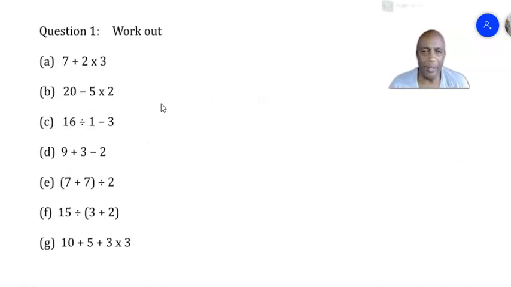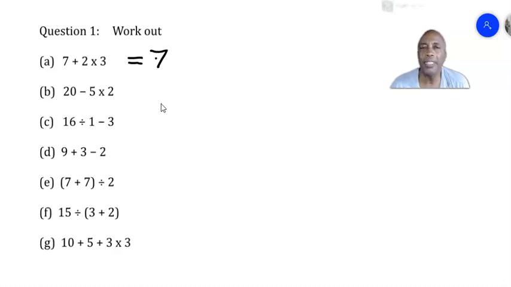So we have a number of examples here. Let's look at them. The first one is 7 plus 2 times 3. So we know you have to do multiplication first before addition. So we first multiply 2 times 3.